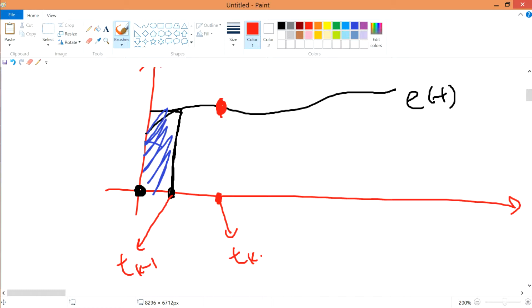Correct, so now I will take tk, which is at this point. Maybe I should use a different brighter color, thicker lines also. So this thing is tk, minus away tk minus 1, you'll get the difference. So this thing over here is your new t.